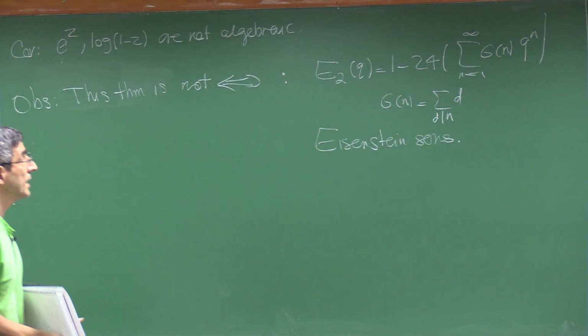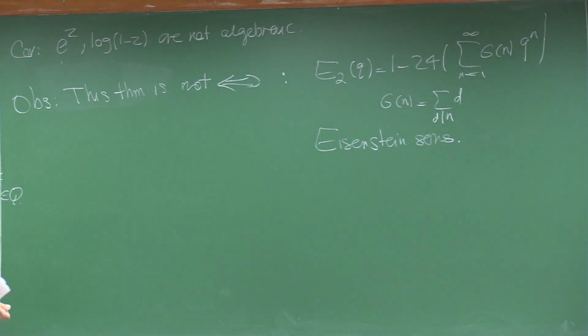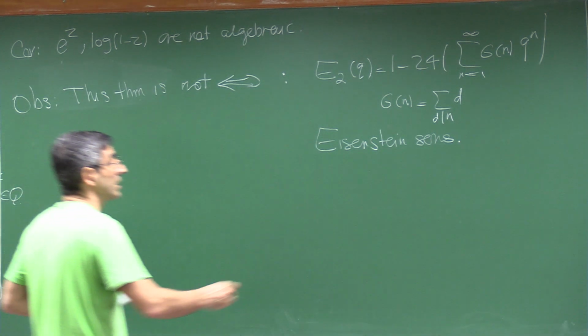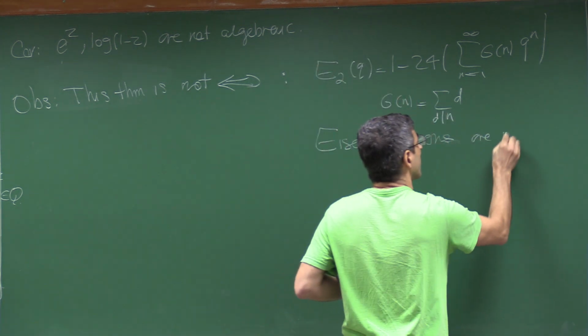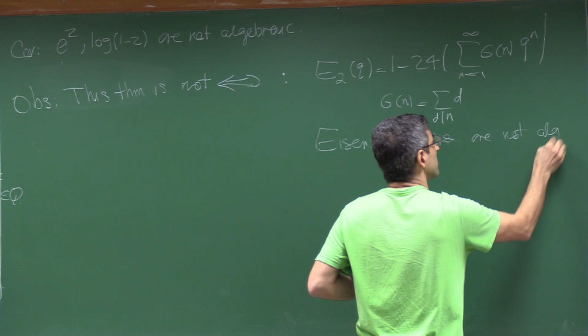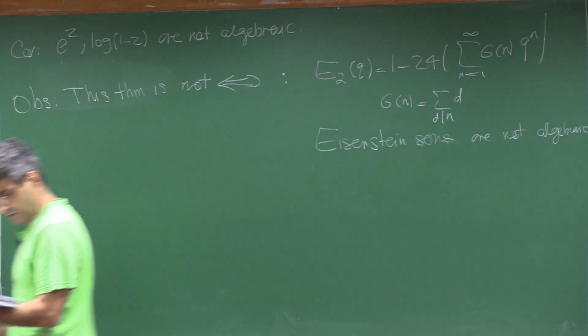And at the end of the day, all the coefficients are integers, but one can prove that Eisenstein series E_k are not algebraic, even though all the coefficients are integers.